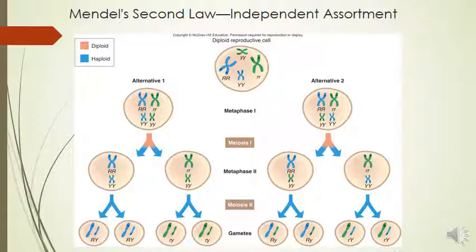The allele combination depends upon which chromosomes are packaged together in a gamete, and this happens at random.